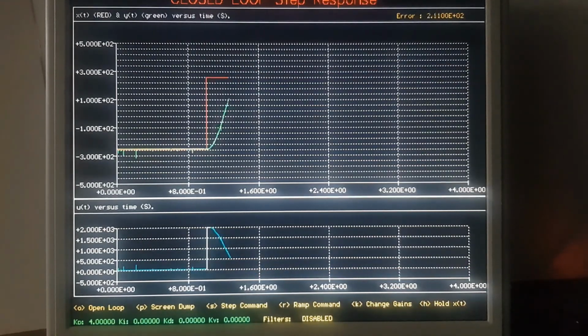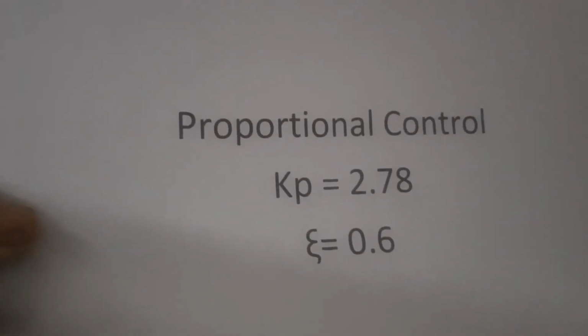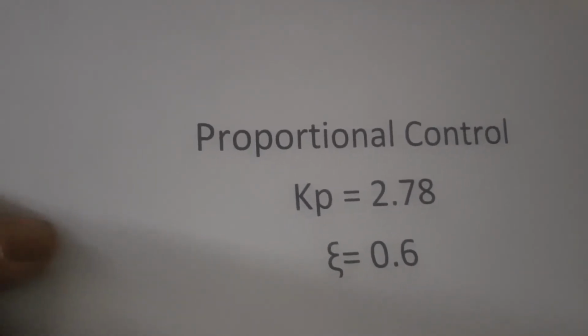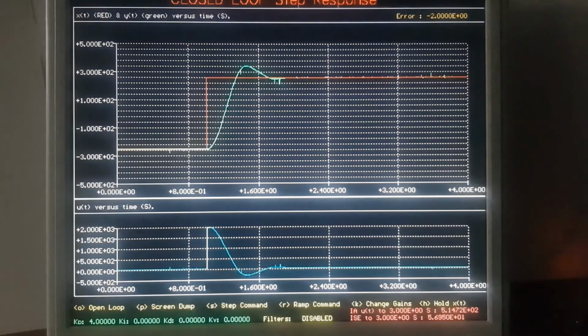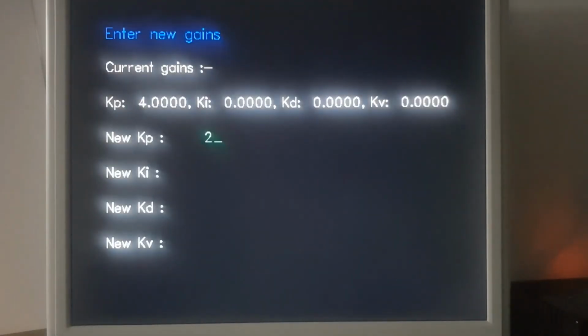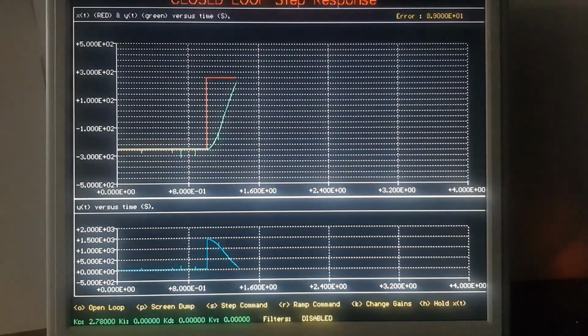The next one we're going to do is proportional control, this time with a Kp of 2.78, damping of 0.6. We can see a slightly different response here. There's the one with damping of 0.6.